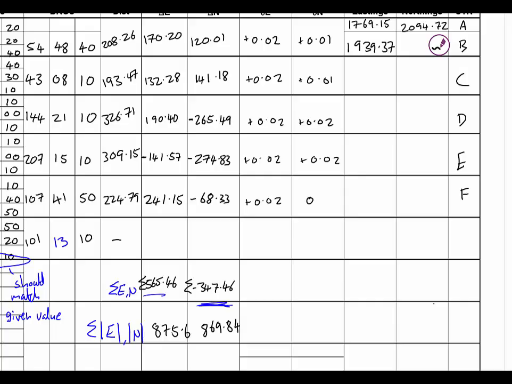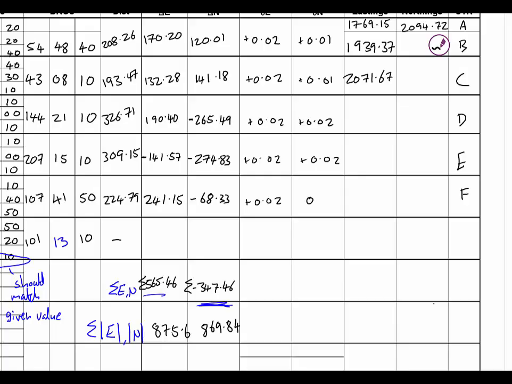We've then from B to C, we've got change in Eastings of 132.28, correction of 0.02, and we've got 2071.67.